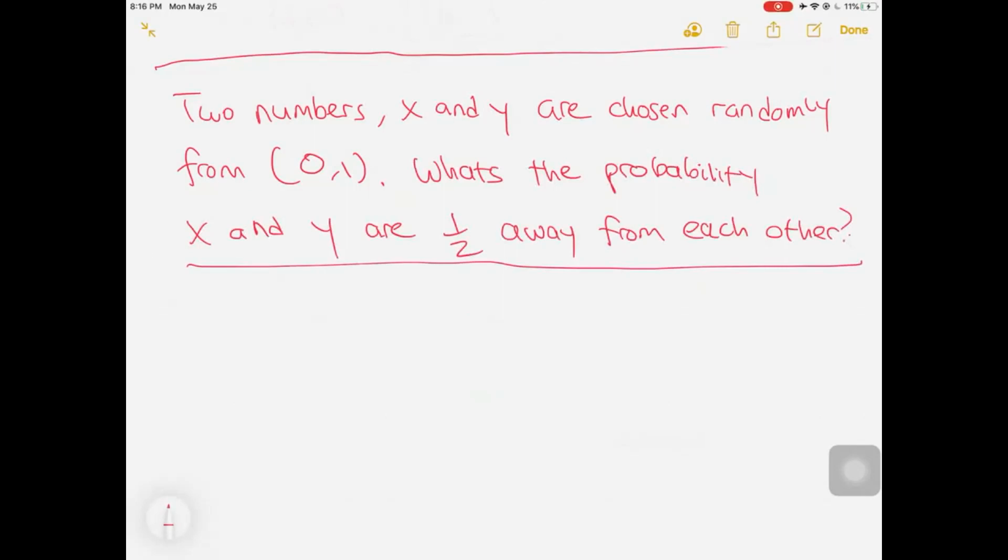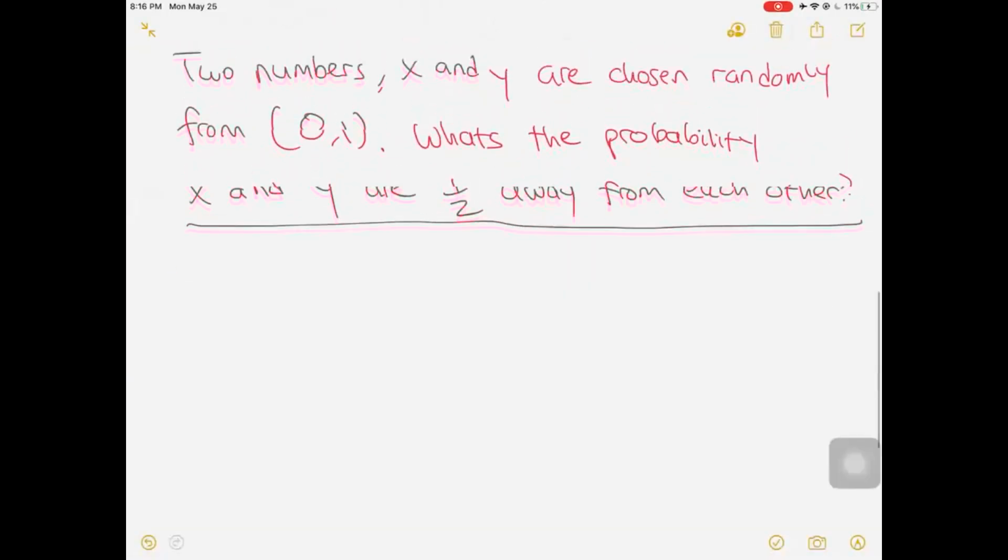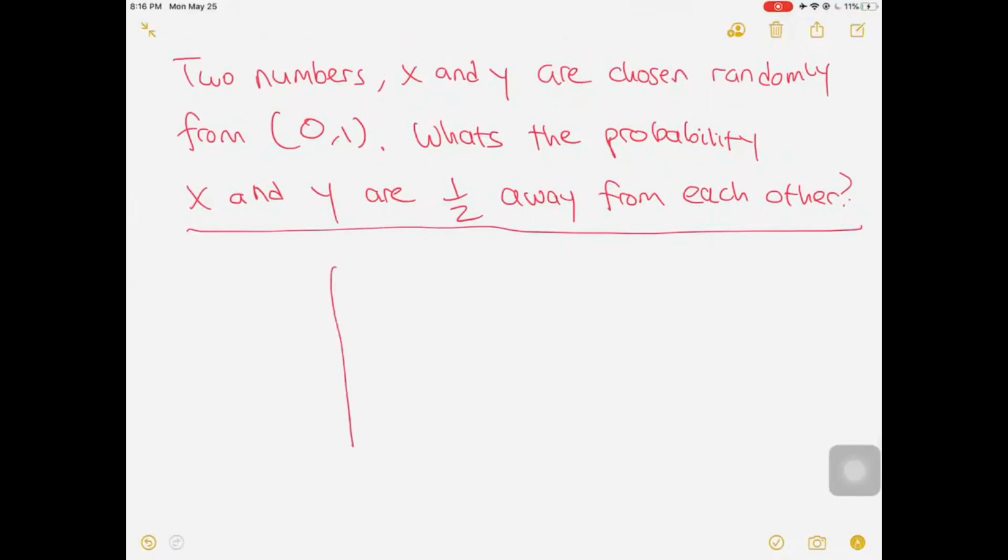We basically approach this question the exact same way as the previous question. What we want to do is create another square, but this time we label each axis from 0 to 1.